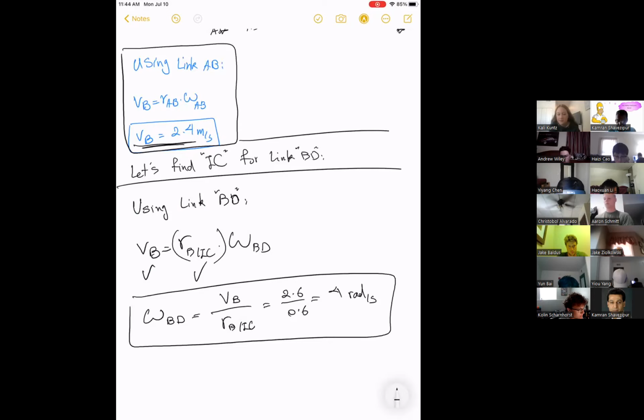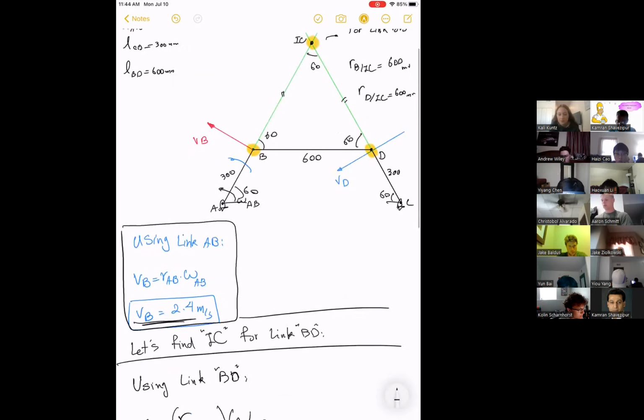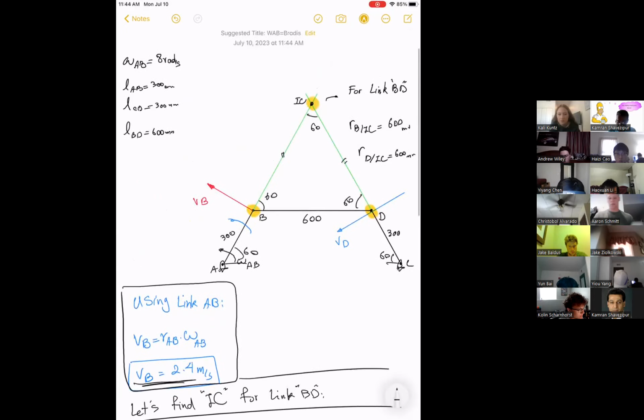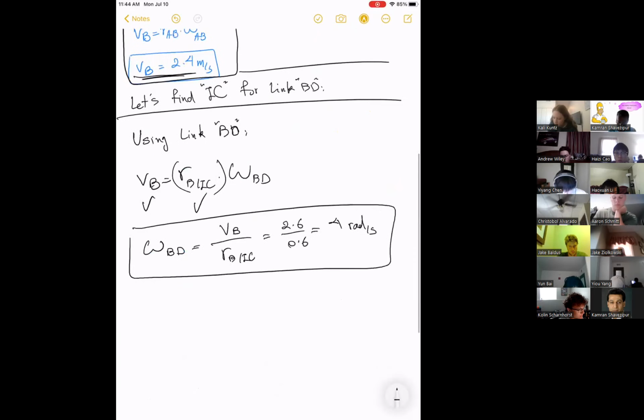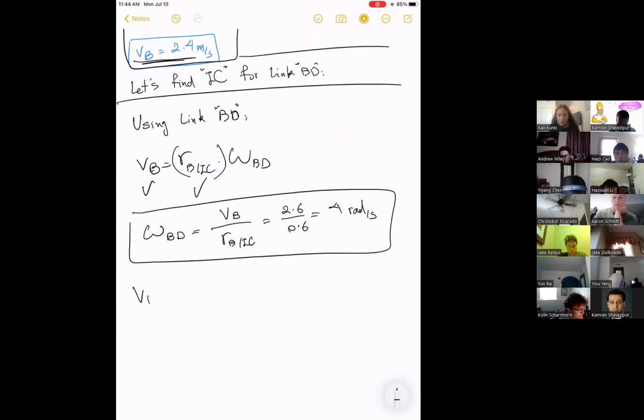Now that I found omega of BD, can I find velocity of D? Because D is also part of BD, right? So D rotates about IC. If that's the case, VD is equal to R_DIC times omega BD.